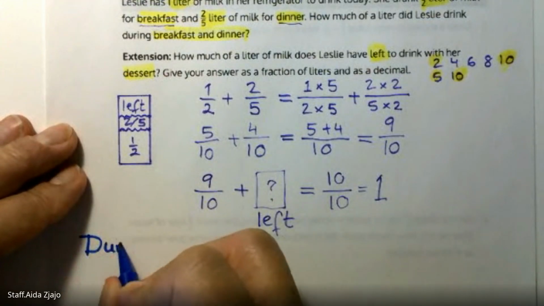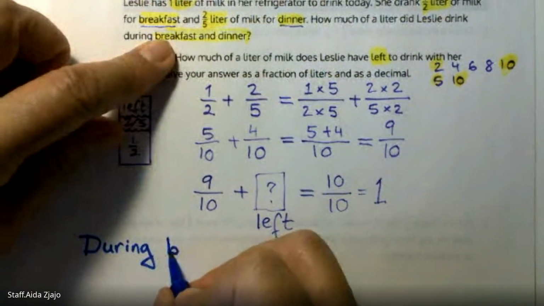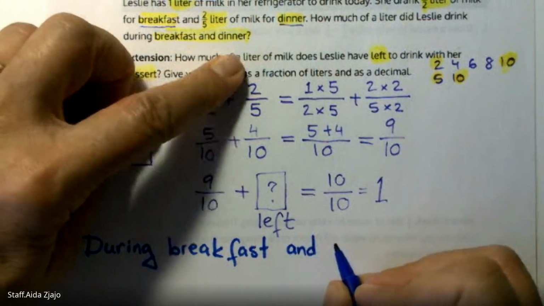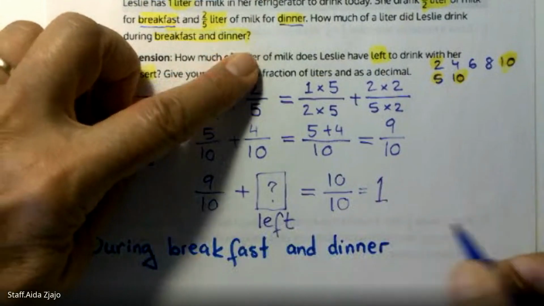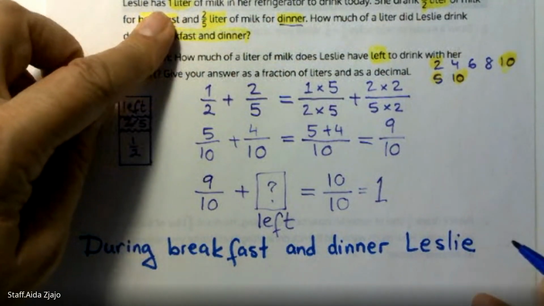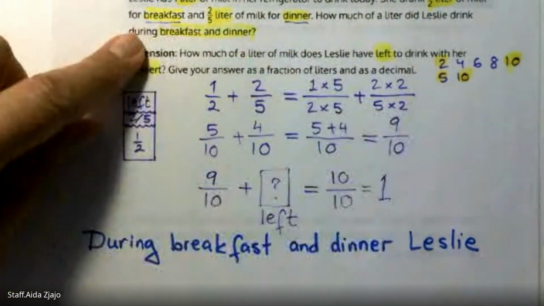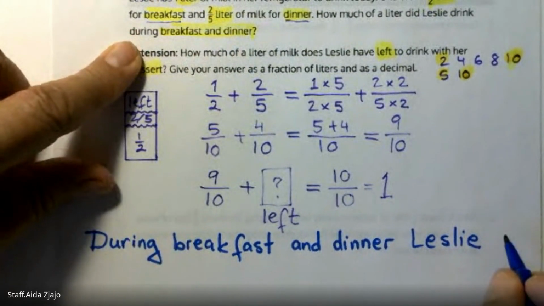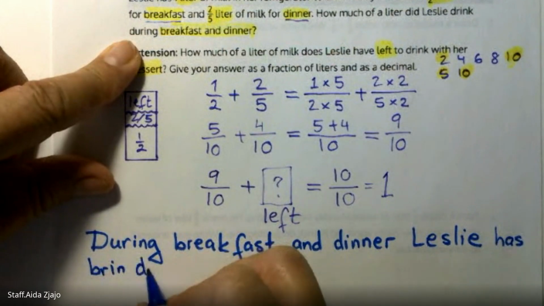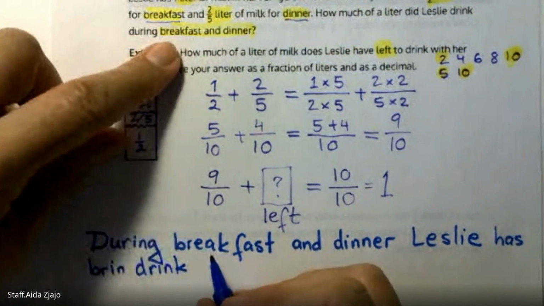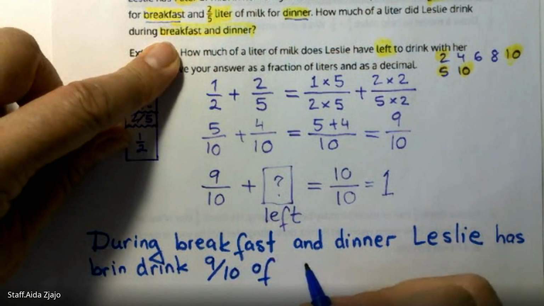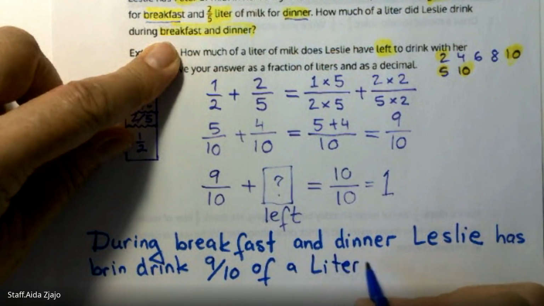Leslie has been drank 9 tenths of a liter of milk.